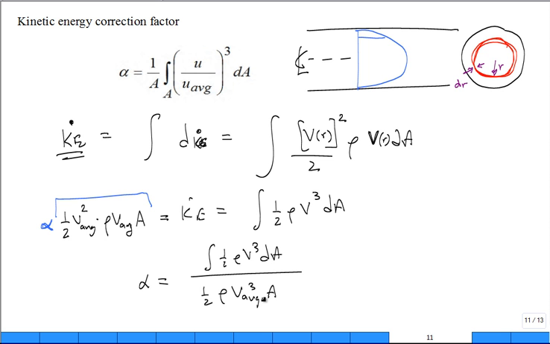And that's the same equation they give right here in the textbook. So cancel the half, cancel the rho, and alpha equals the integral of v divided by v average cubed dA divided by A. Same equation.